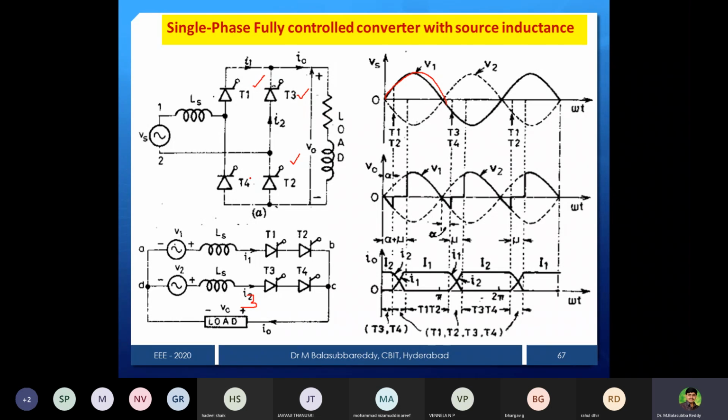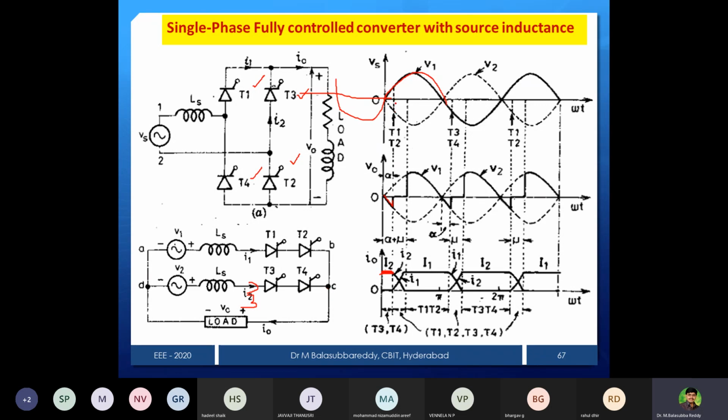T3, T4 are conducting, and output voltage is the same as the source. This is from the previous cycle. During the negative half cycle, T3, T4 are already conducting and carry the current. Let that current be I2 or I3, whatever notation. This is the current passing through T3, T4.